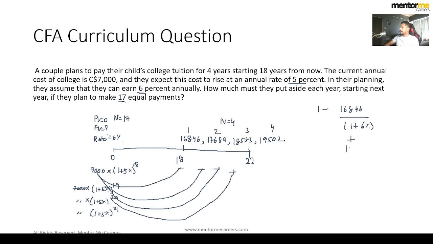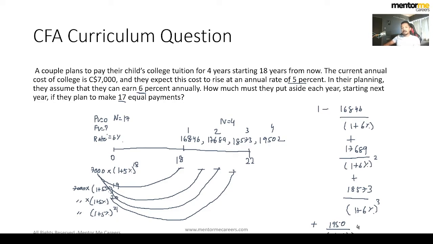Plus you would do 17,689 divided by 1 plus 6% raised to 2 years. Then 18,573 divided by 1 plus 6% raised to 3. And lastly, the final cash flow, which is 19,502 divided by 1 plus 6% raised to 4.